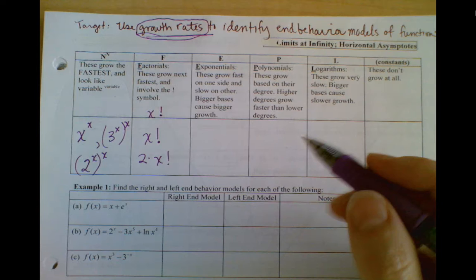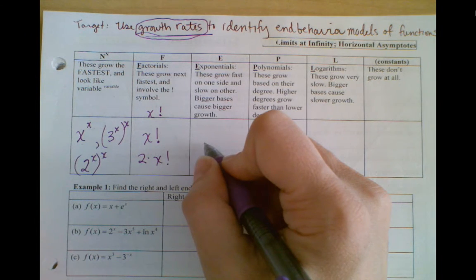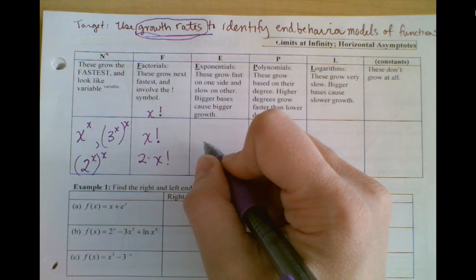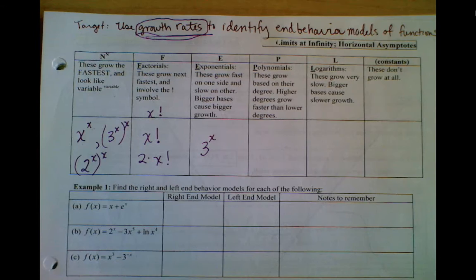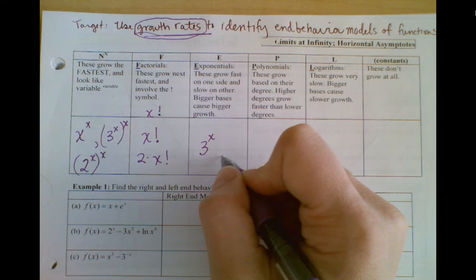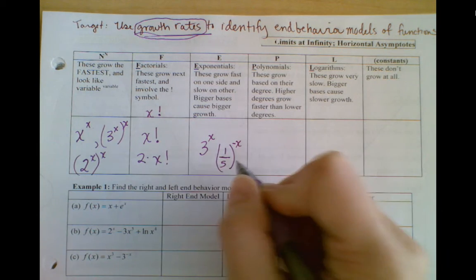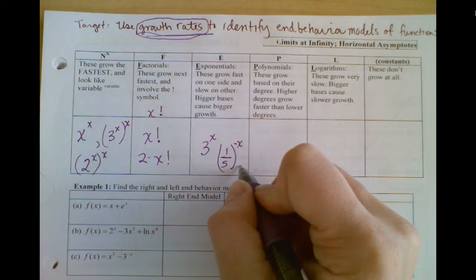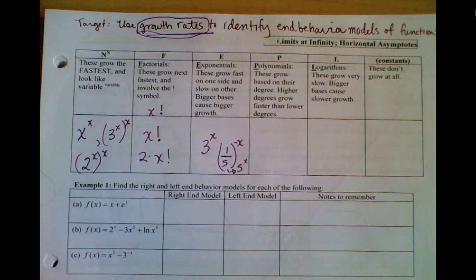Okay, exponents would be something like 3 to the x. Or if I had like 1/5 to the negative x, you could rewrite that as 5 to the positive x, and so that would also be an exponential that's going to grow really, really fast.